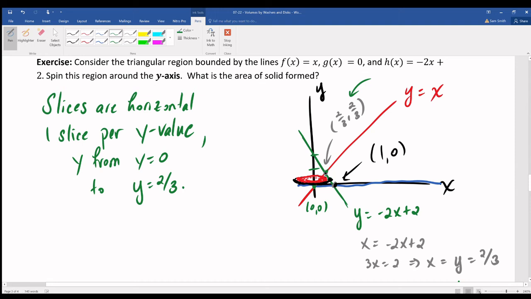Now, to find out the area of the slice, let's call it A as a function of y.